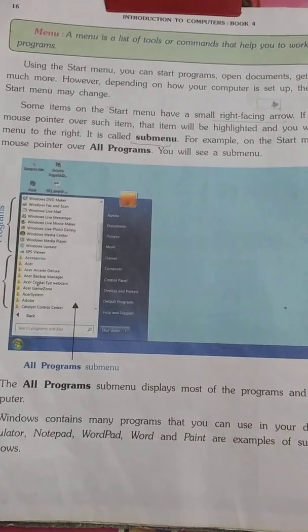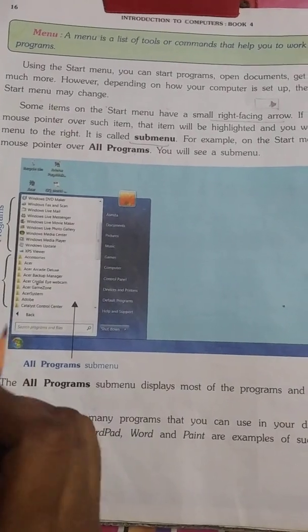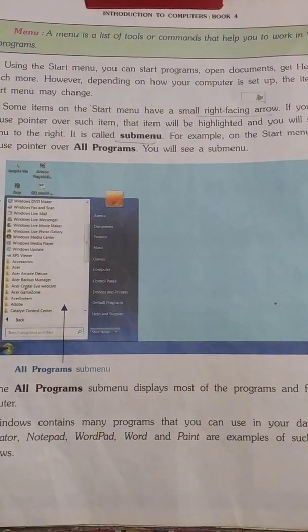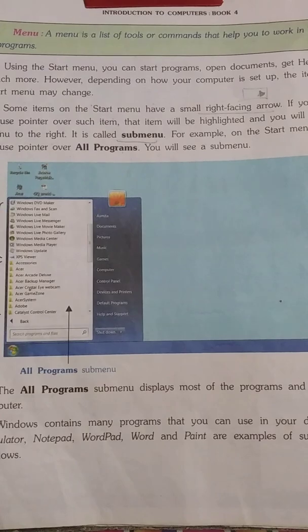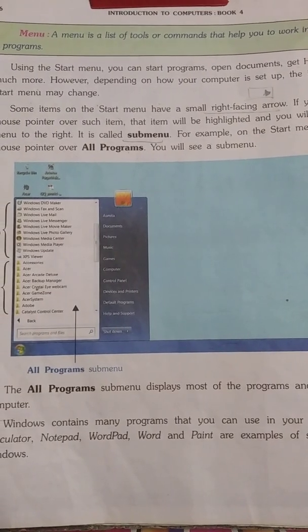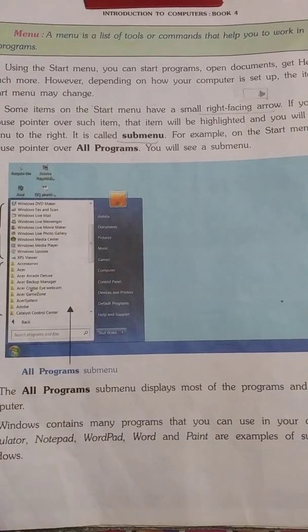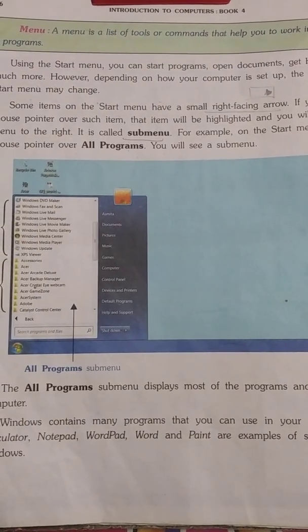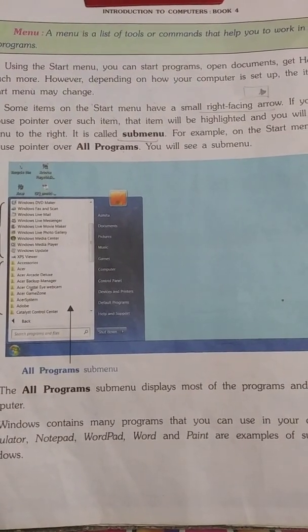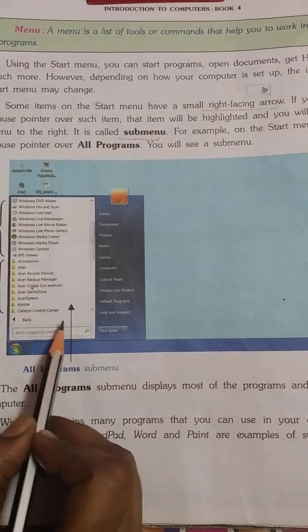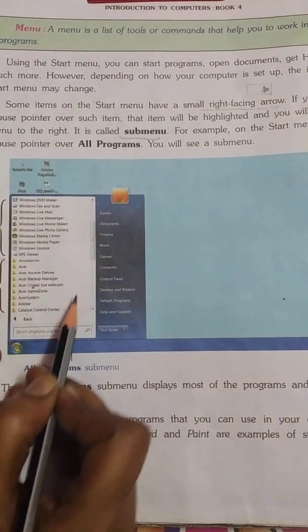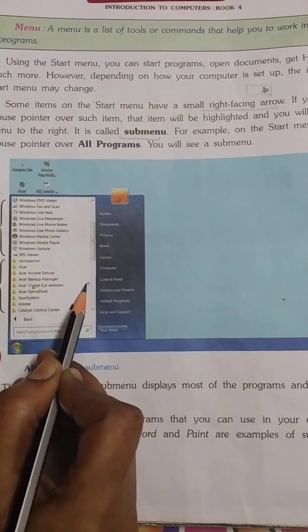a submenu. Okay, see, when you click on the start, it shows the menu bar. Now on the menu bar, it depends upon the setup of your computer, which programs you are having. Now see, suppose if you click on this, there are small arrows like that.